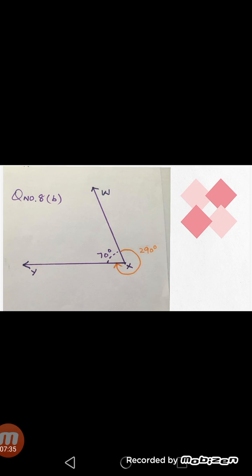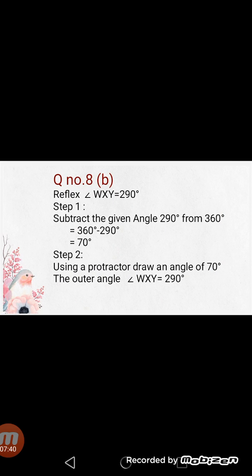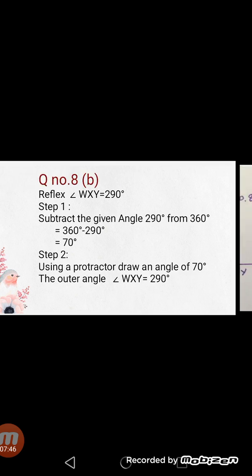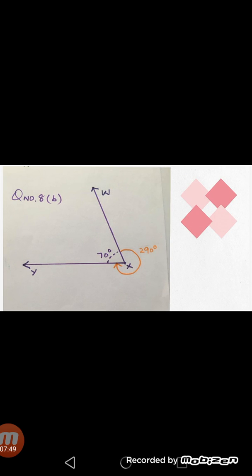Draw 70 degree by using protractor, and then in step 2 you have to mention the reflex angle and mark the outside angle 290 degree which was given in the question, which is reflex angle, and in the diagram with orange color I have shown the reflex angle.